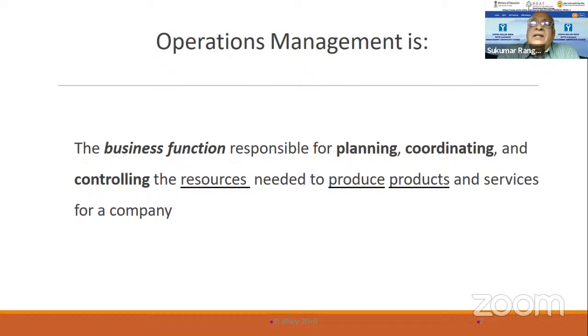Now, I'm not saying that the other functions do not, but more so, because operations management is the only place where you can save and give more surplus or more profits to the organization. Well, let me be a little clearer on that. See, what does marketing do? They sell the product.